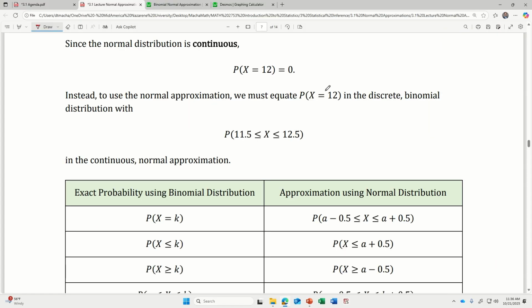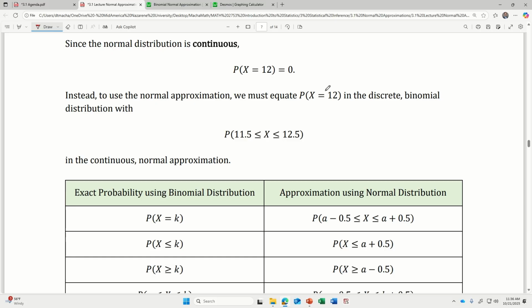So instead, if I want to use the normal approximation, then we have to say, right here I'm thinking about the binomial distribution, right? If I want x equals 12 in the discrete binomial distribution, using the normal approximation means finding the probability that x is going to fall between 11.5 and 12.5.